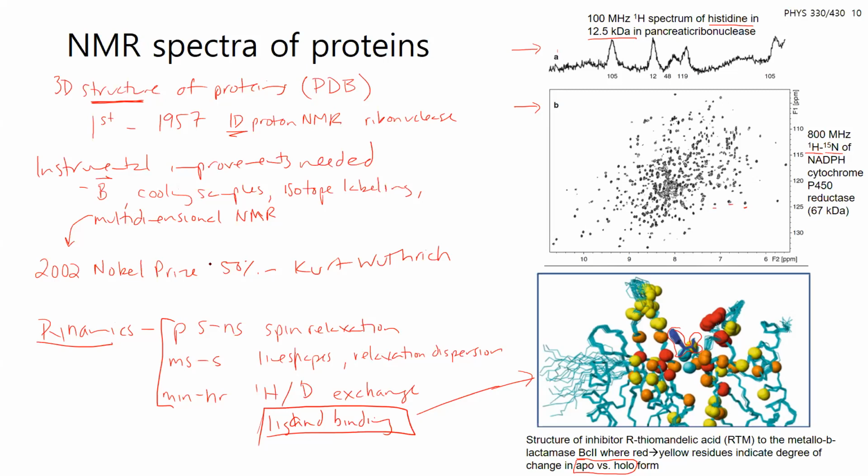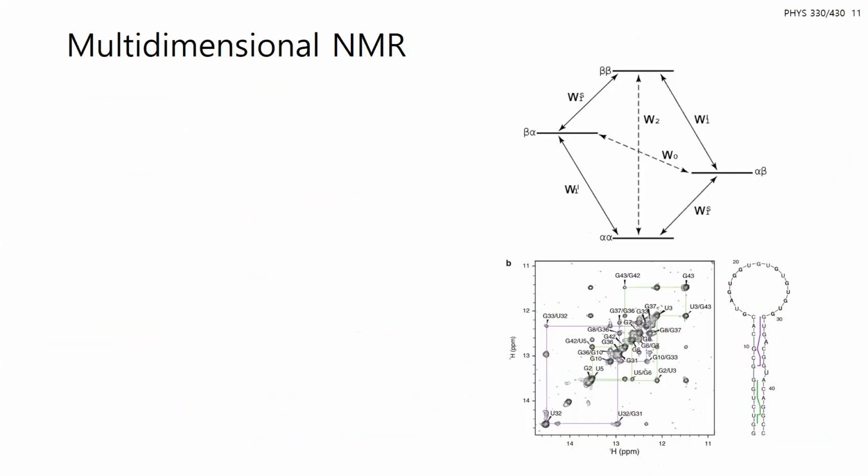So getting a little bit into more detail of this multidimensional NMR. If you read the NMR literature, you'll hear these referred to as COSY techniques, or always with this SY, where COSY stands for correlation spectroscopy.